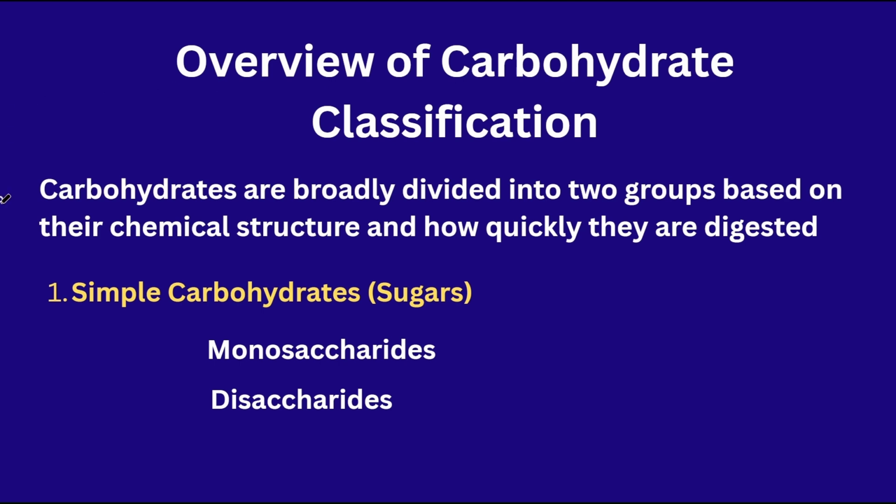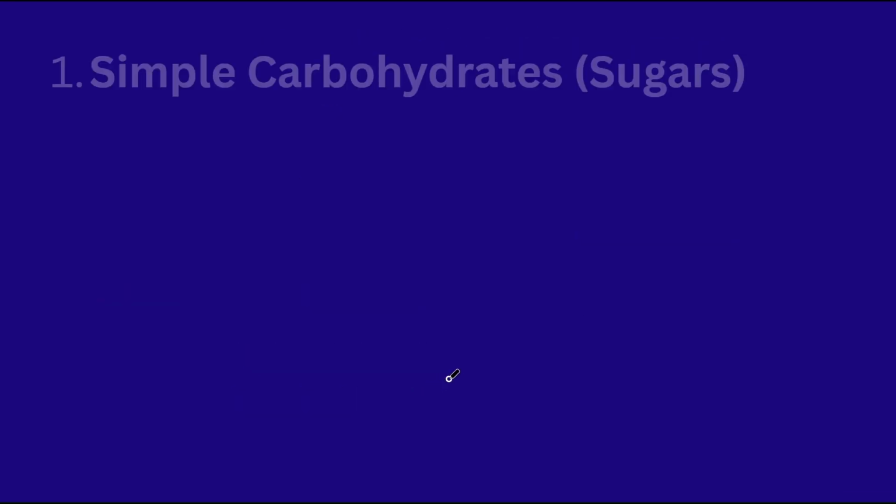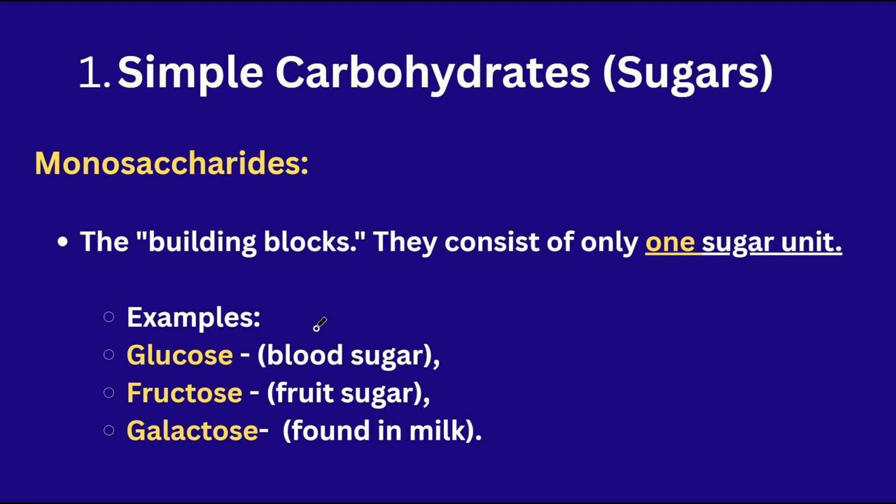Here is the overview: carbohydrates are divided into mainly two groups, simple and complex. Simple carbohydrates include monosaccharides and disaccharides. Monosaccharides contain only one sugar unit. Mono means one, right?